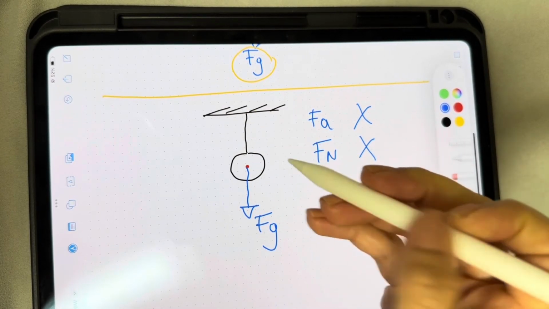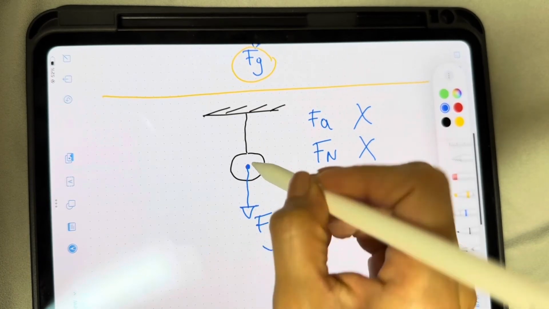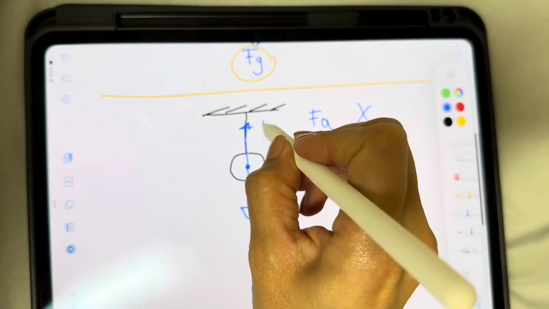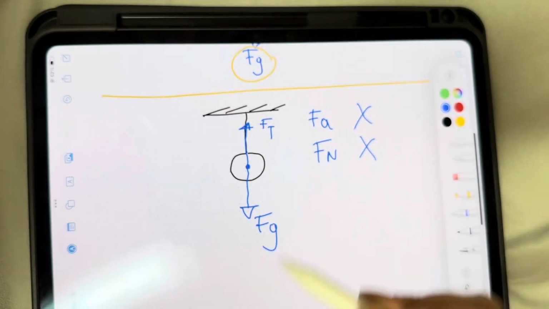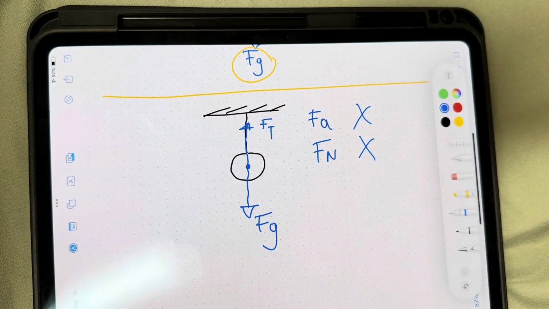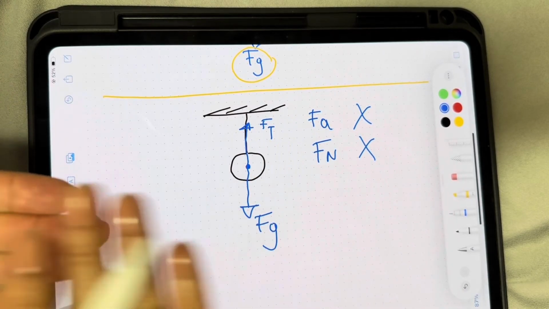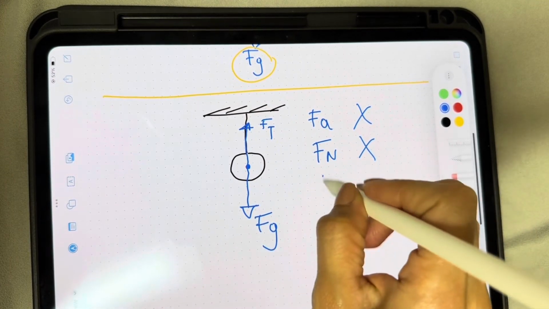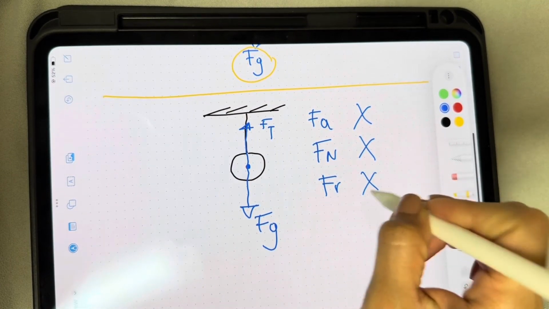Yes, right here. So tension always goes in the same direction of the string. That would be force of tension. Same direction. Okay, is this ball being rubbed against something?